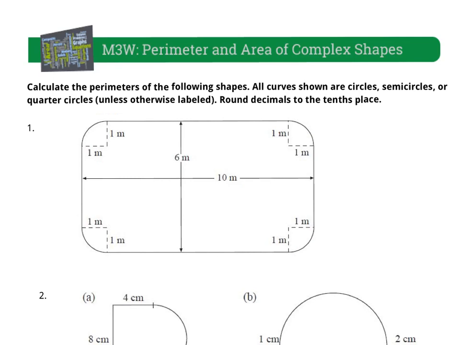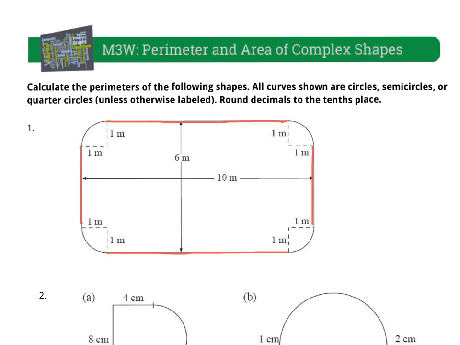So here's what I'm going to do. I'm going to look at this and identify. We'll do the easy part first. So I can see that I have 4 straight sides on this rounded off shape here. So I'll mark these here. And I don't have exact measurements for those sides, but I have enough information to where I can figure out the measure of those sides.